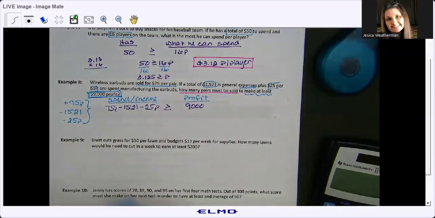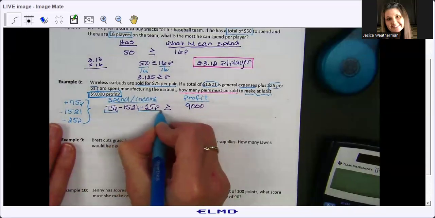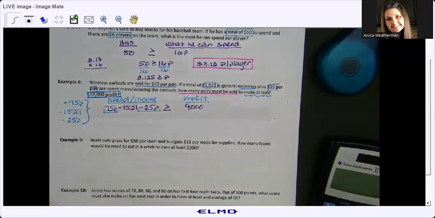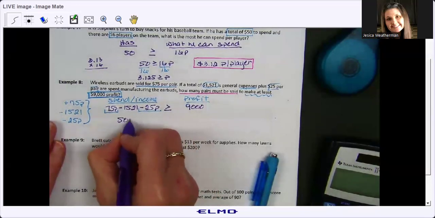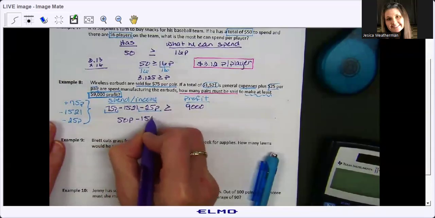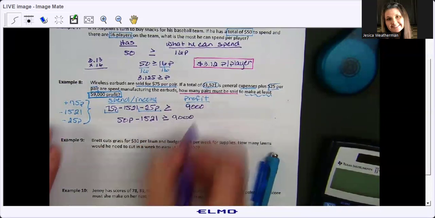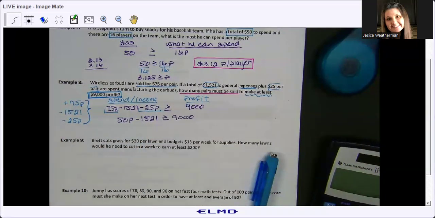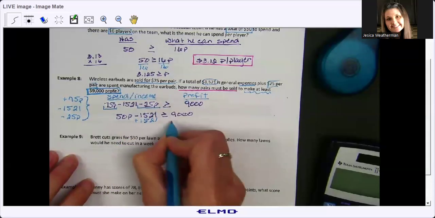All right. So the first thing we need to do is combine like terms. I'm going to combine my 75p and my negative 25p. And I end up with 50p minus 1,521 must be greater than or equal to 9,000. Now I'm going to add 1,521 to both sides.